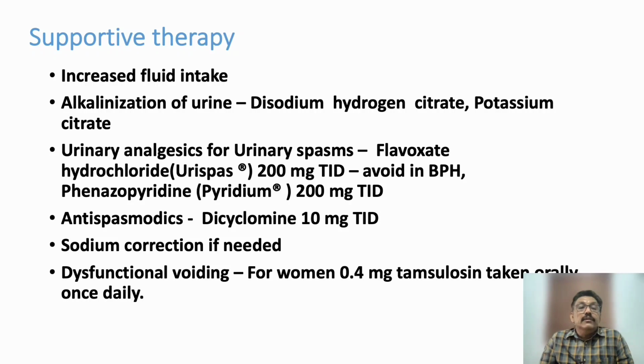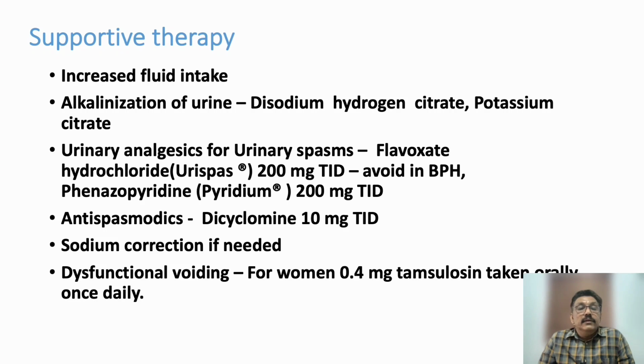Analgesics like urinary spasm relievers such as flavoxate, Urispas being one brand name, and pyridium or phenazopyridine can be given 200 mg TID. That relieves the spasm of the urinary tract. Another antispasmodic like dicyclomine can be given. Sodium correction can be given in patients who have hypernatremia.